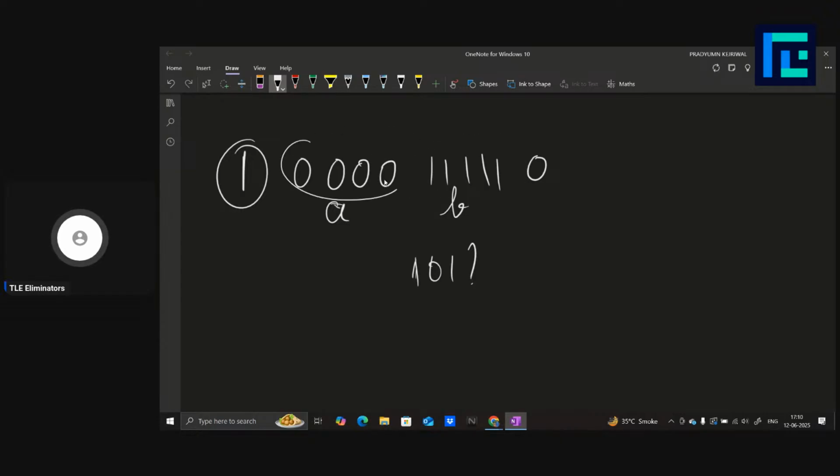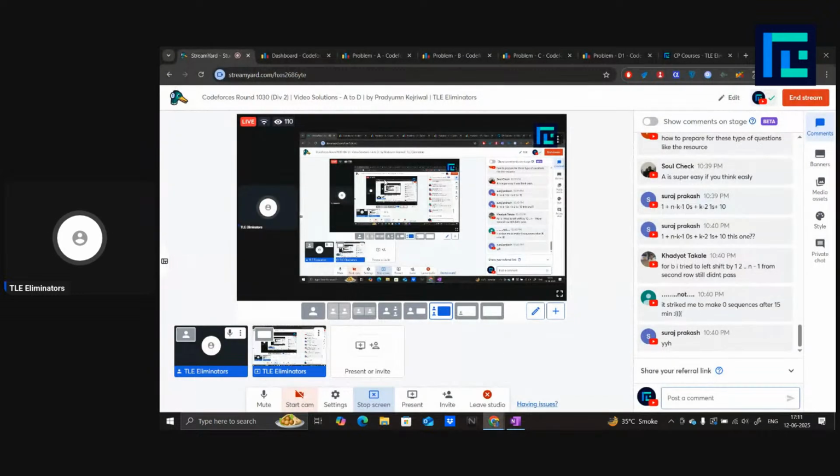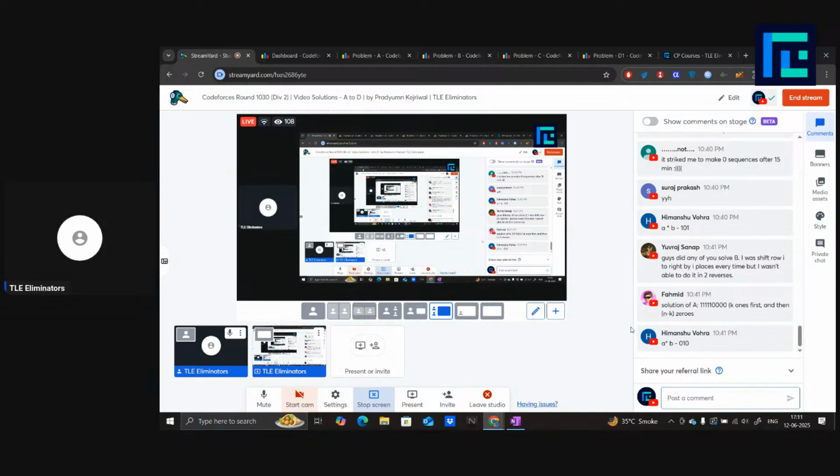If we have A zeros and B ones, then for 101, we take the 10 from here and a 1 from here, so we have A into B number of 101. And what about 010? Obviously we have to take a 0 from here, a 1 from here, and a 0 from here. So again, A into B options for 010 as well. So therefore it is correct. Yeah, nice. That is true.